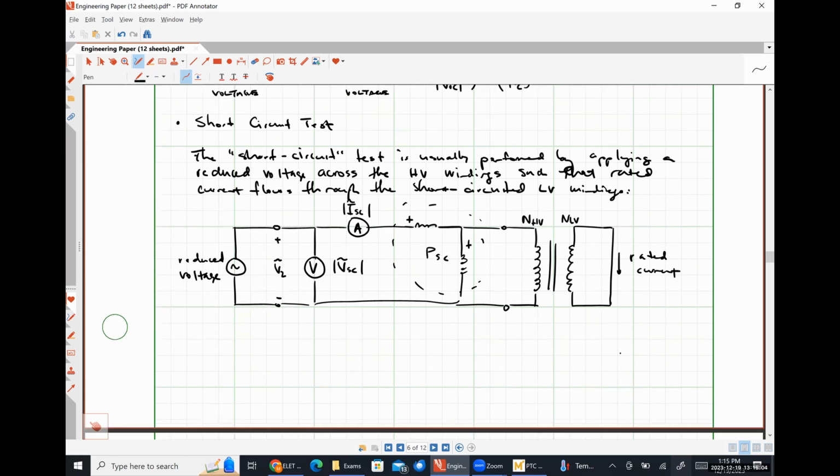So looking at our equivalent circuit diagram, we're going to have something like this. So here is VSC. Here is ISC. This is our equivalent resistance on our high voltage winding.